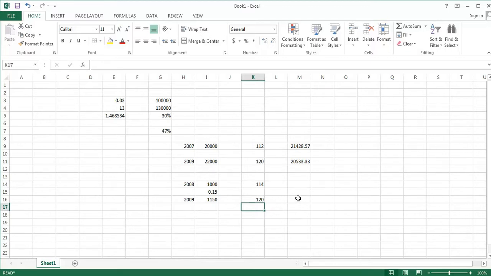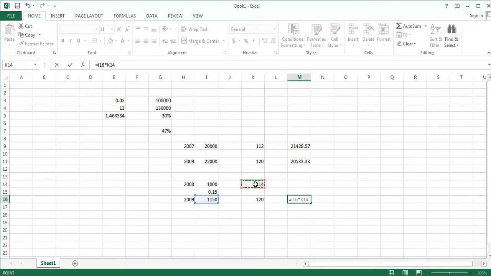Well, we want to go ahead and convert it to year 2008 dollars. So we're going to take this money and multiply it by the ratio of the price levels. The year that we want to convert into goes on the top of the fraction. The year that we want to convert away from goes on the bottom of the fraction. And we see that our $1,150 is actually only worth $1,092 after we sort of think about the effects of inflation.